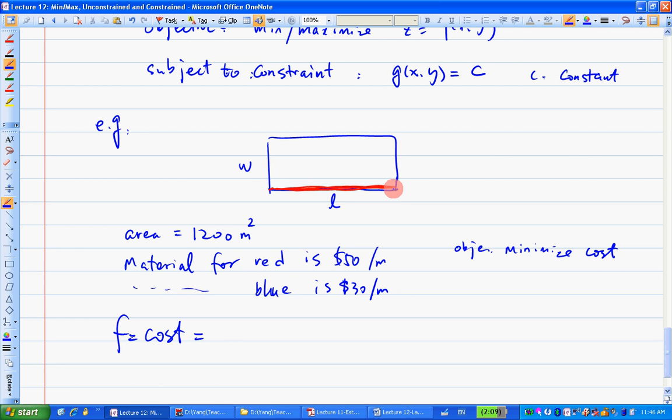The length here is L. So the red is 50L plus 30 times 2 times W, so there are two W's here. And the top is also L, so the cost of the top is 30L.